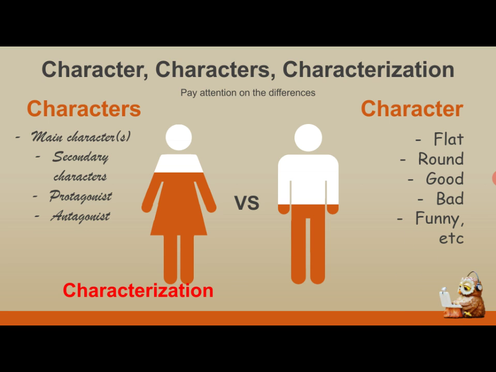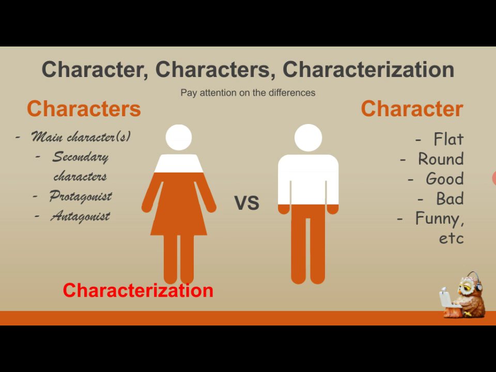Now we move to character. We have flat and round. Flat means that the character is just like that, flat, from the first time the character is introduced to us until the end of the story. So let's say the character is just good or just bad. That's flat.